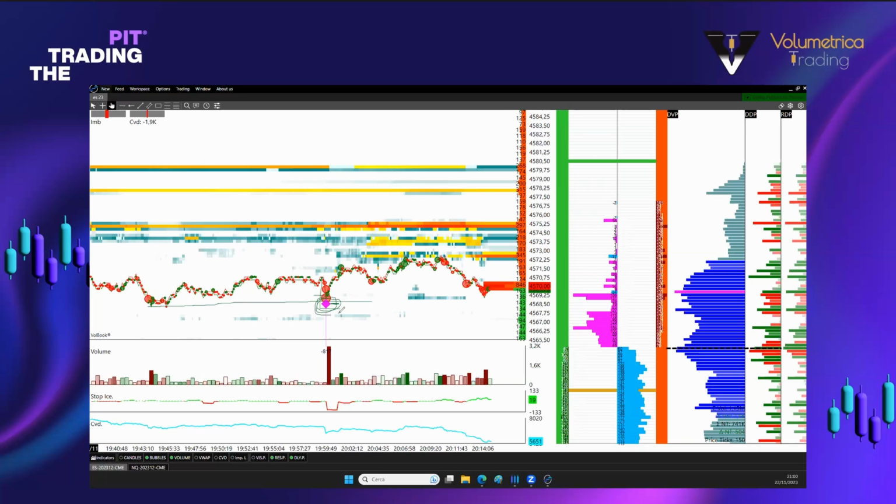That shows clearly that there were a few stop losses being placed here, and unfortunately for them, they were hit and filled. This has caused the stop run.